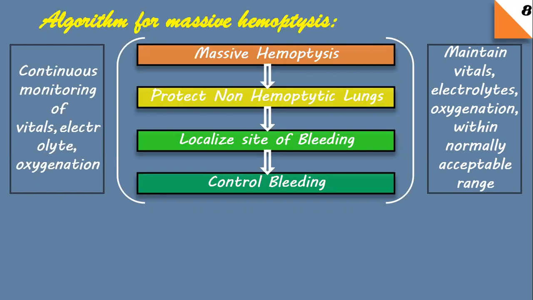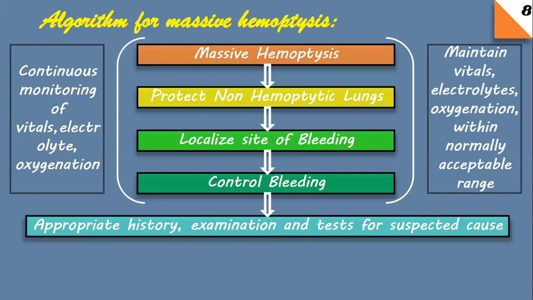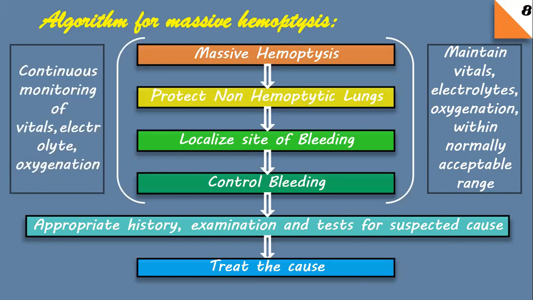We should take them towards the acceptable range, because if we just focus on taking the levels towards normal, our other process, that is controlling of bleeding, might be hampered. So we have to take it within the acceptable range only. After doing all of these things, we'll perform appropriate history taking, examination, and tests for the suspected cause. Once we know our cause, then we treat the cause. So that's how we treat massive hemoptysis.